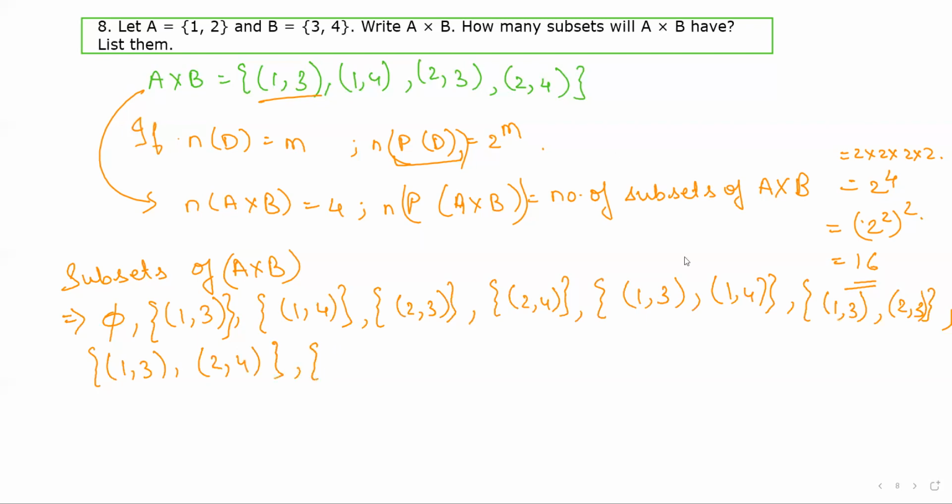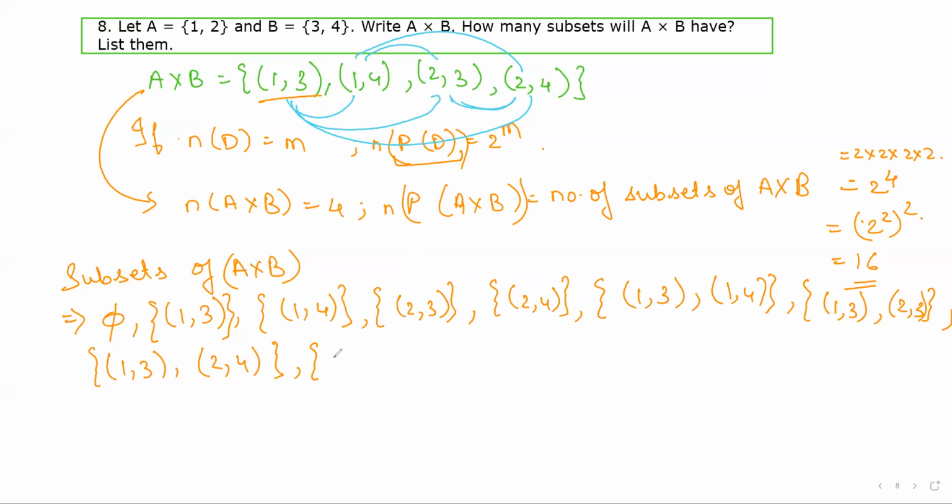The trick here is first these two, and these two. Then forget about (1, 3), these two and these two, and then forget about (1, 4), last these two. These are all the combinations of pairs of elements that you can form, which are subsets of your A cross B. So (1, 3) is now to be discarded.